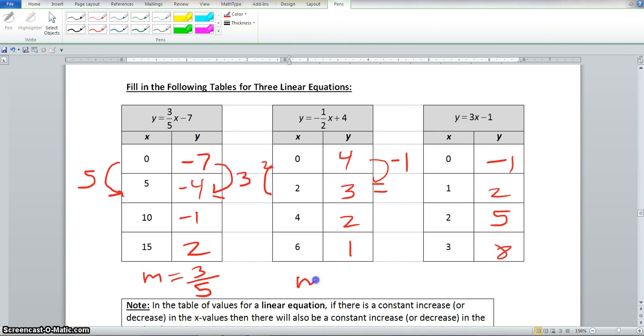So our slope would be -1/2. Next, -1 to 2, you're going 3 places, and from 0 to 1, you're going 1 place. So our slope here would be 3 over 1, which is also just 3.